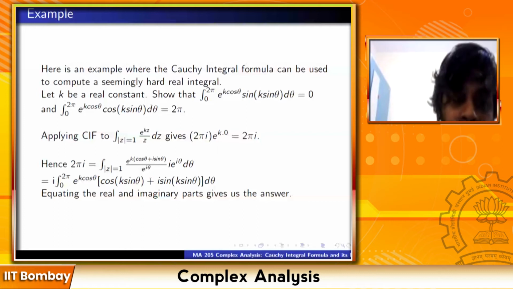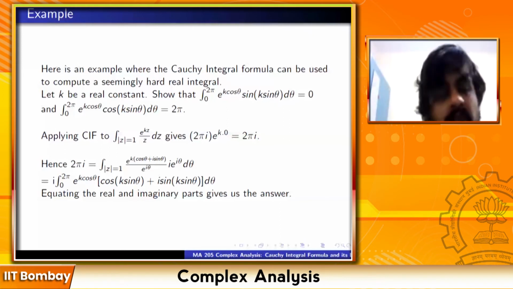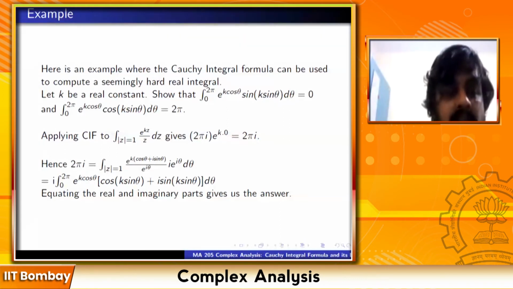If you take a curve that goes around the circle 5 times, you will get 5 times the answer. So what matters is also the path of integration, not just the contour, not just the image.